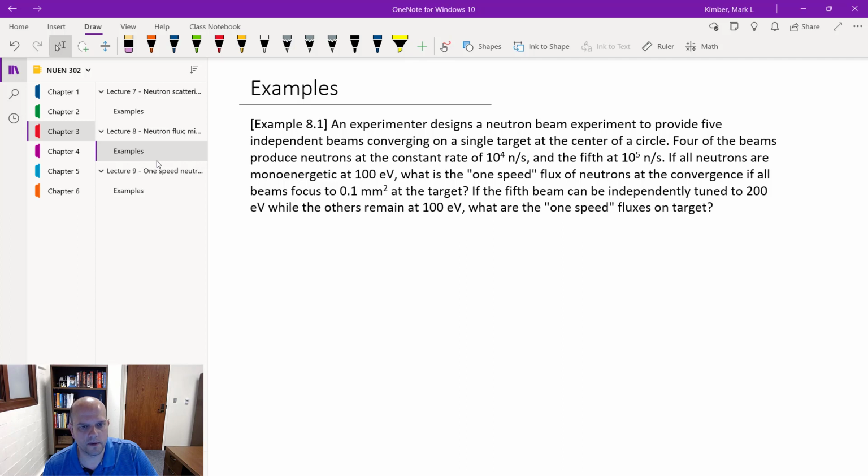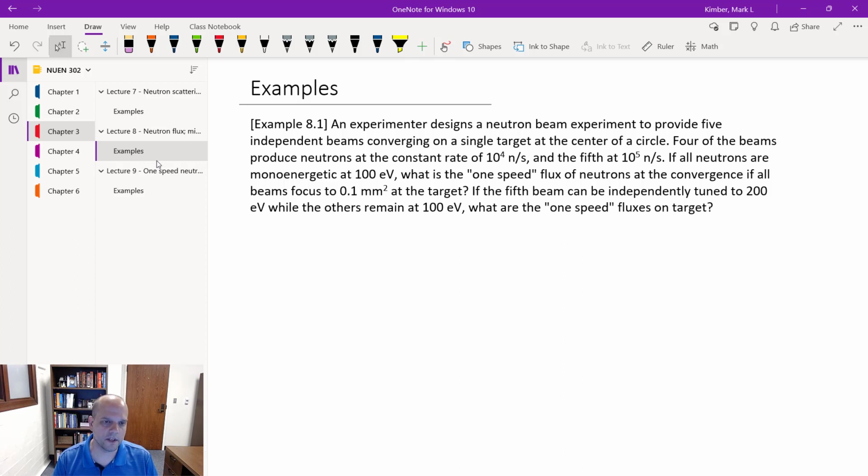First we're going to assume that all neutrons are at the same speed, so 100 eV. And we want to know what the one speed flux of neutrons is if all beams focus to this small area, 0.1 millimeters squared.